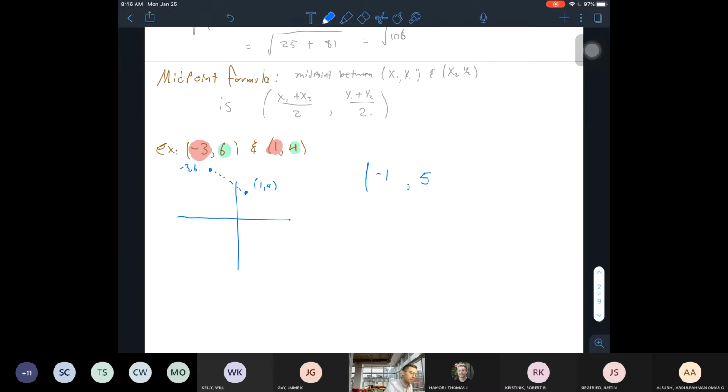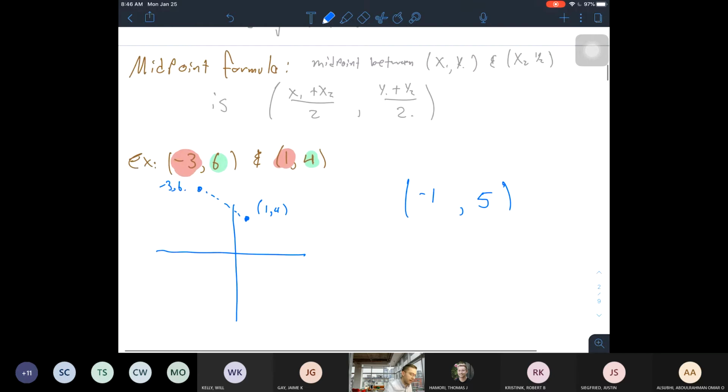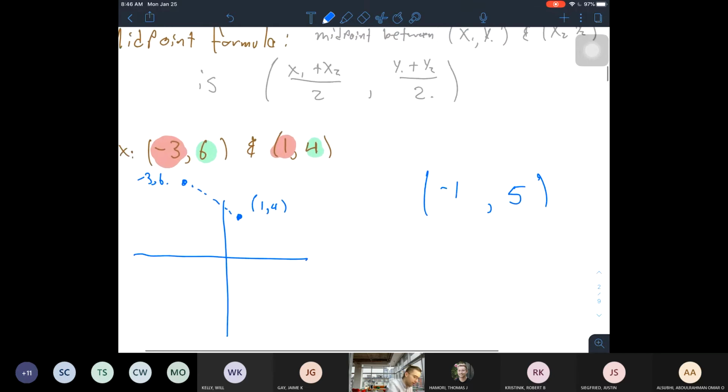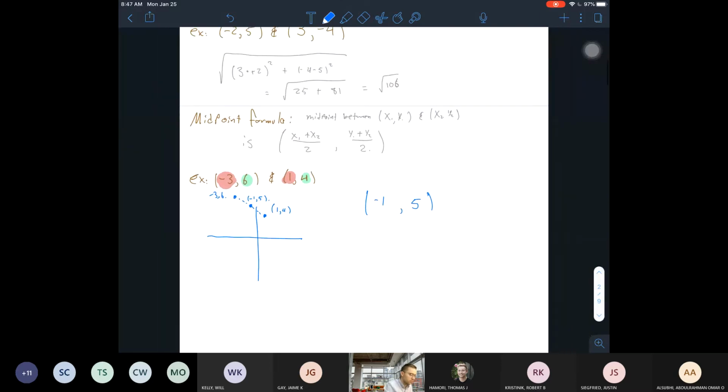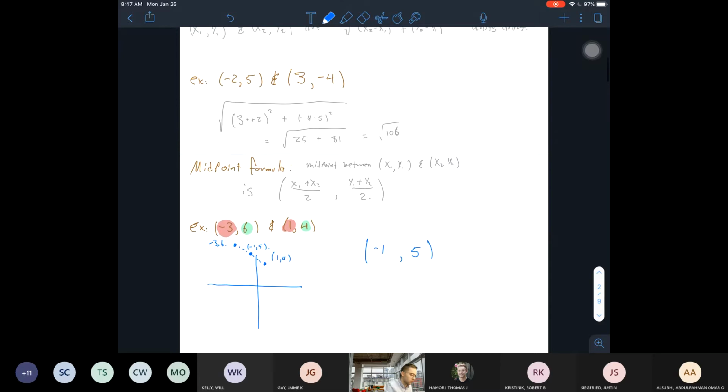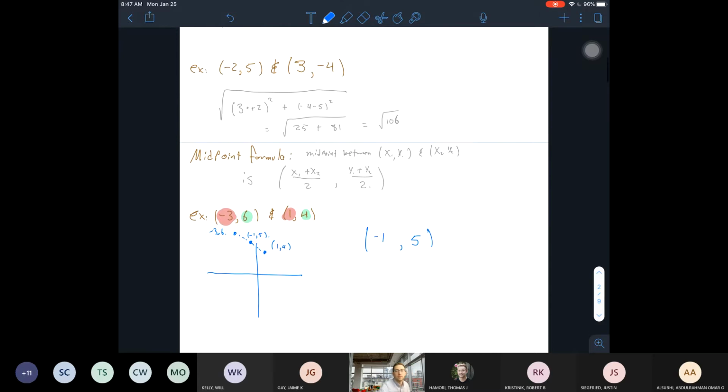The average of those two numbers is 5. Okay, so we should have negative 1, comma 5. That should be our midpoint here. Okay, any questions about the midpoint formula?